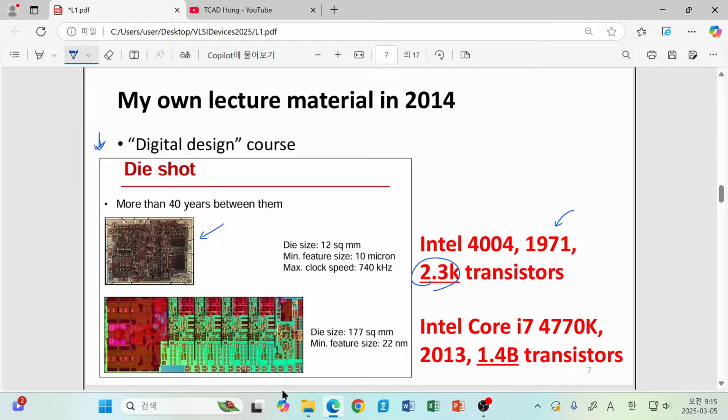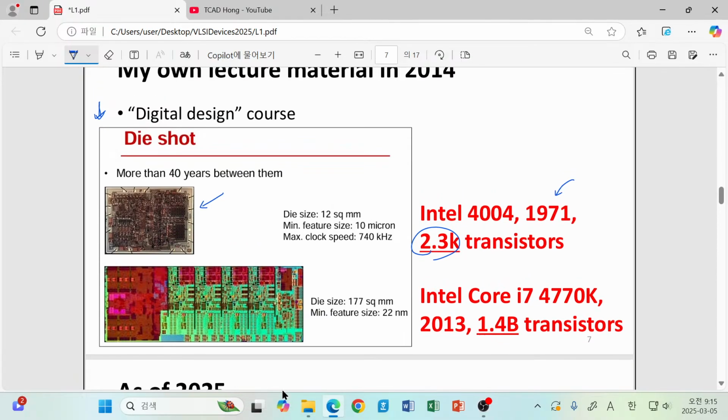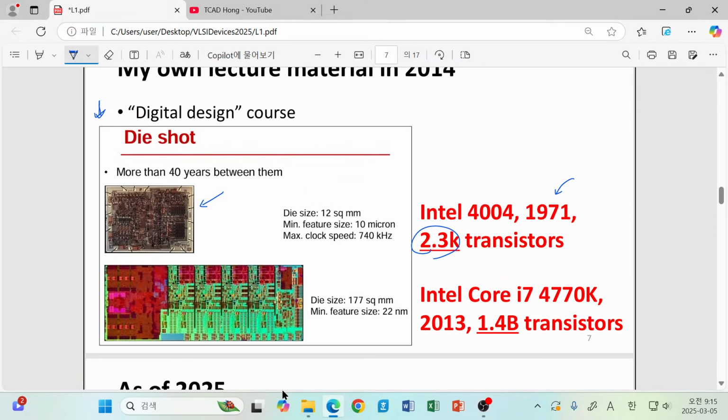And at that time, in 2014, the state-of-the-art CPU was this one, code name Haswell, I guess, released in 2013, already 12 years ago, and it had 1.4 billion transistors.